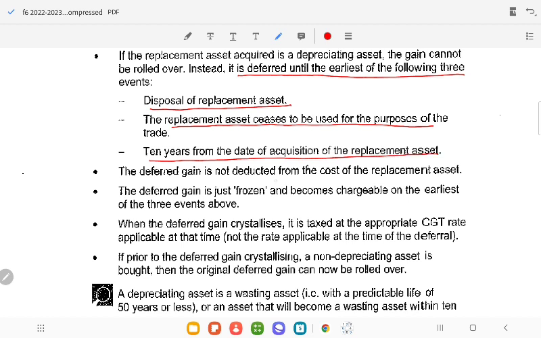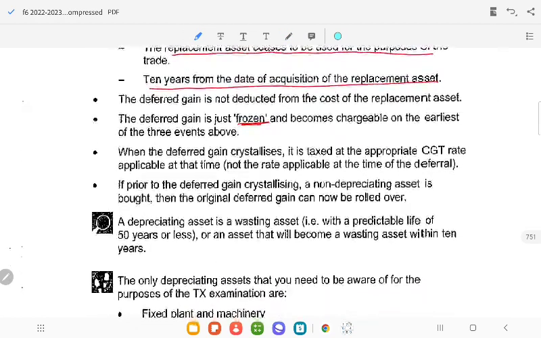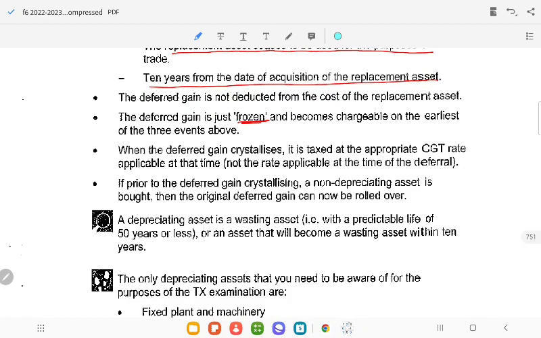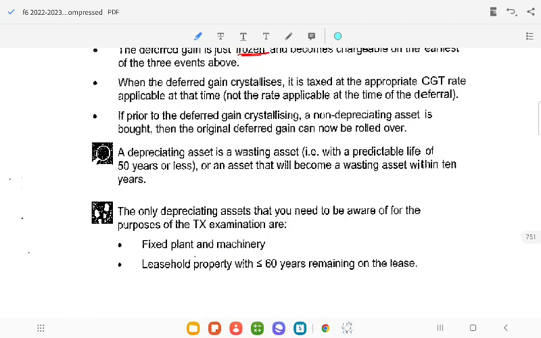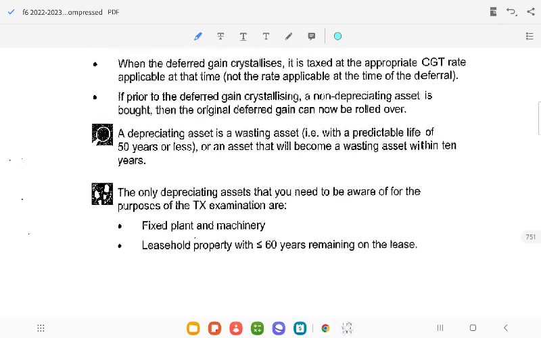So here the deferred gain is not deducted from the cost of the replacement asset and it is said to be frozen. And when the deferred gain crystallizes, it is taxed at the appropriate CGT rate applicable at that time, not the rate applicable at the time of deferral. If, prior to the deferred gain crystallizing, a non-depreciating asset is bought, then the original deferred gain can now be rolled over.